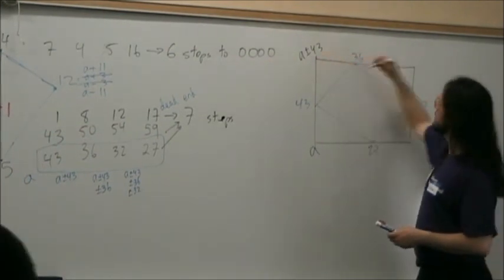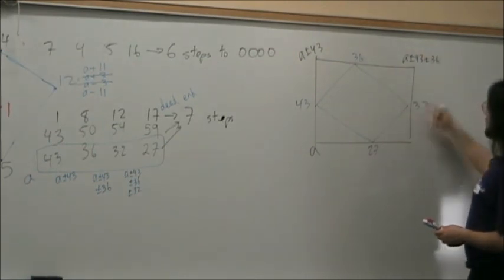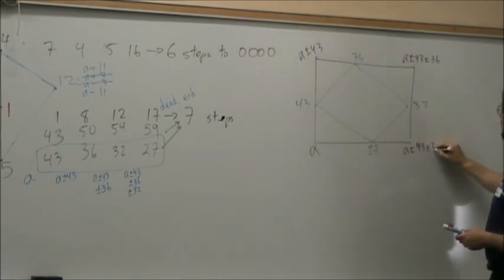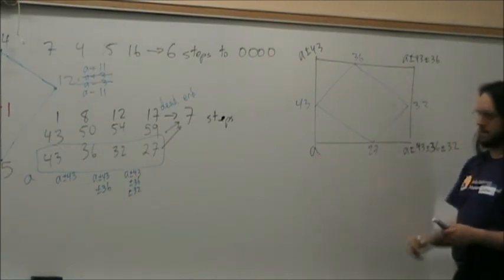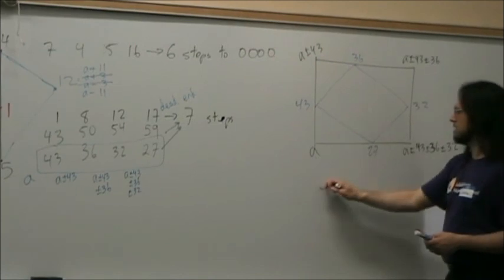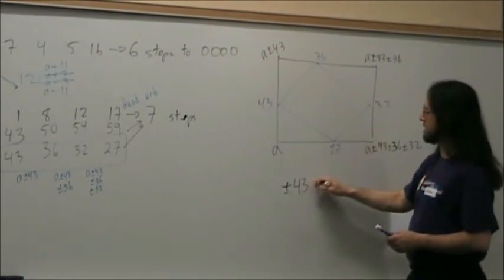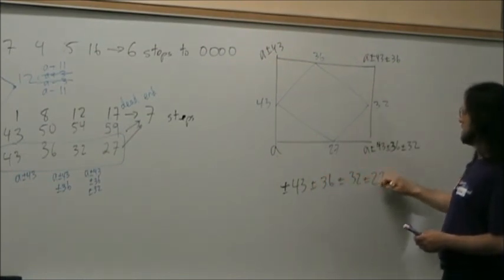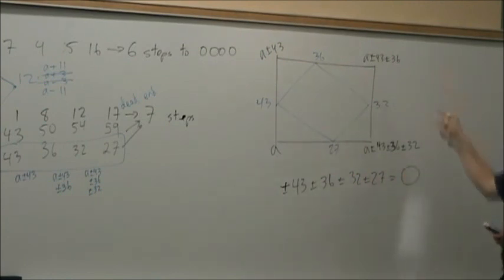And this has to be 36 away from that, and this has to be 32 away from that. And then I have to come back to A again. So if I add or subtract, somehow I'm going up or down by 43, 36, 32, and 27, and in total I have to go nowhere. I have to come back to the same number I started with when I go all the way around.